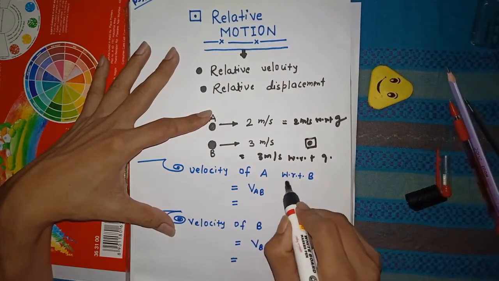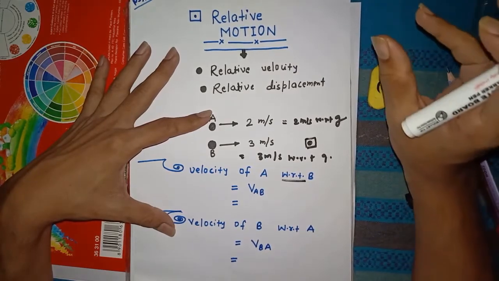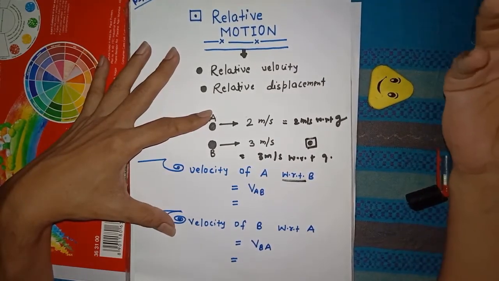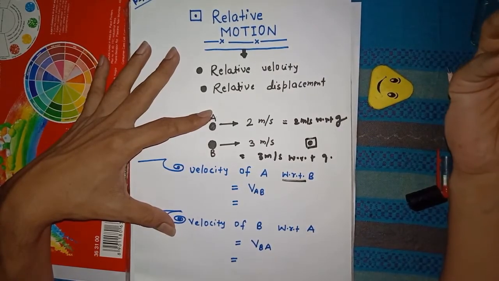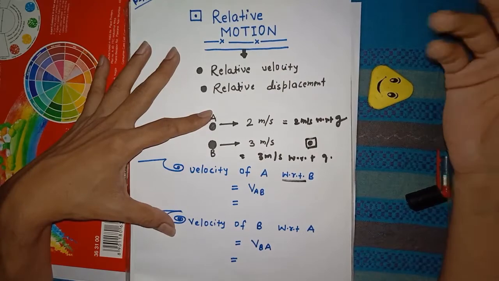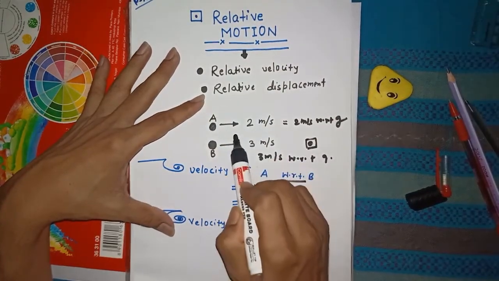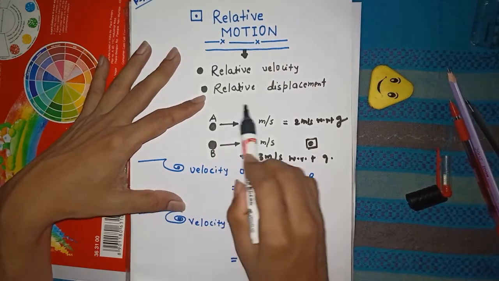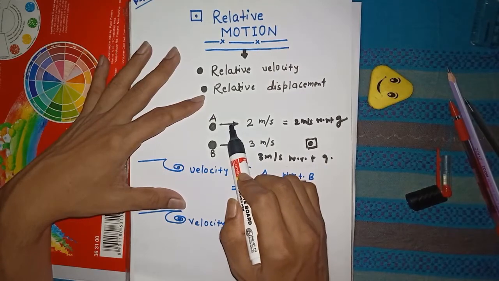So what do you mean by "with respect to"? If you take any reference frame, treat it as having no velocity at all, or treat it as being at rest. Have you got my point? So now if you take A as reference, then its velocity is 0.